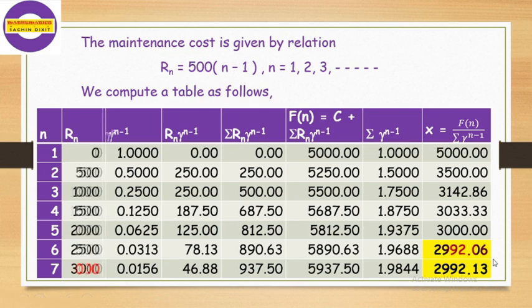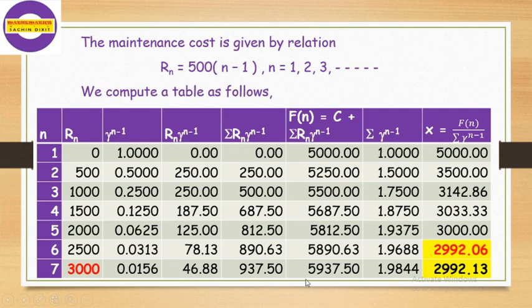Also, if we observe, the maintenance cost in the 7th year is 3000, and the average cost for the 6th year is 2992.06. This average cost for the 6th year is less than the maintenance cost of the 7th year, that is 3000. So we replace the machine at the end of the 6th year.